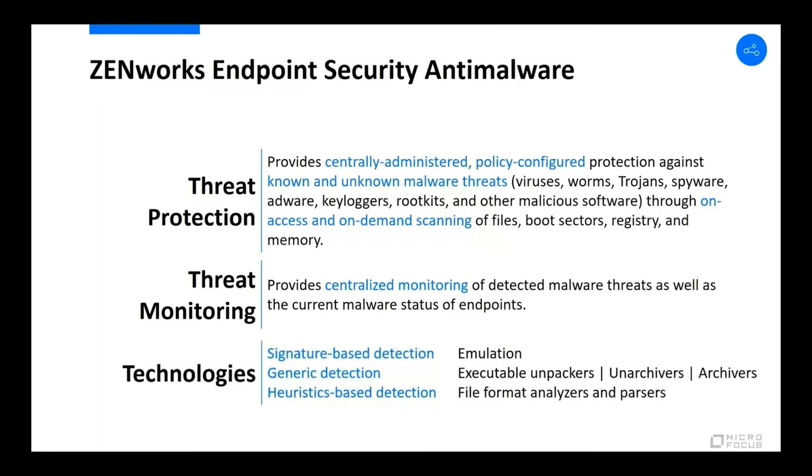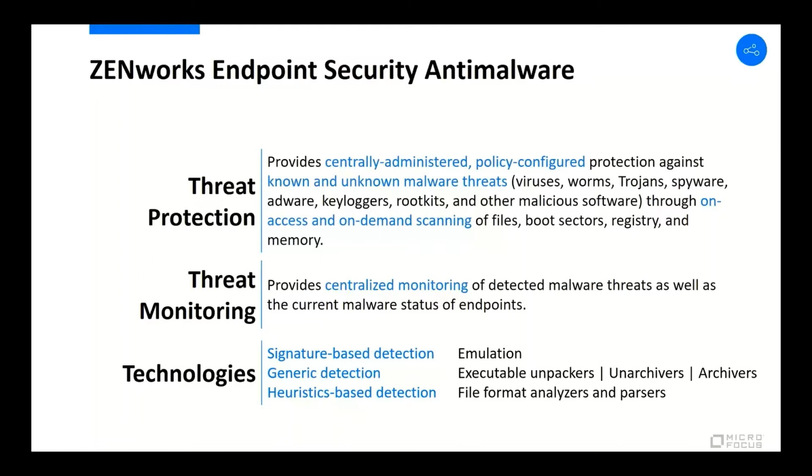We use a combination of detection technologies to help identify and remediate malware threats that enter onto devices. The first is signature-based detection. This is the method of using a signature database to quickly detect known malware threats.